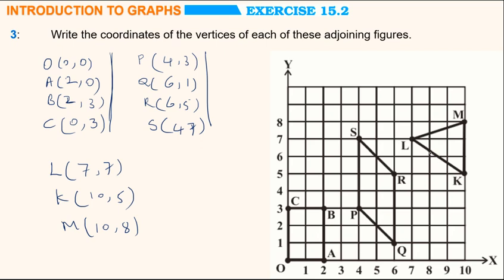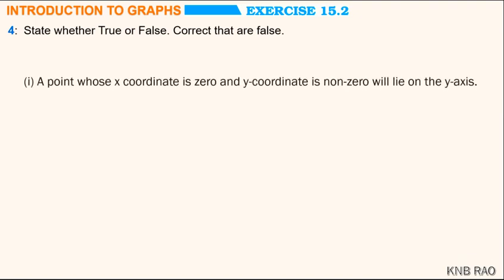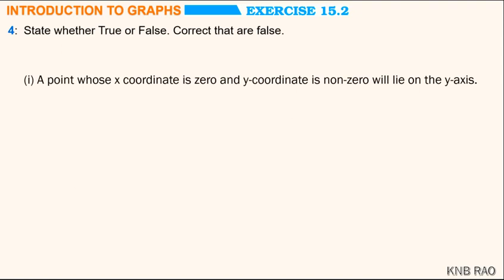Okay. Next, moving to question number 4. State whether true or false. Correct the ones that are false, which means you need to observe whether the statement is true or false and say it.